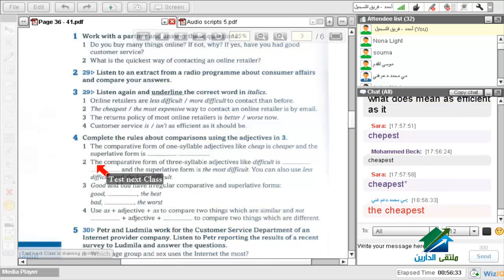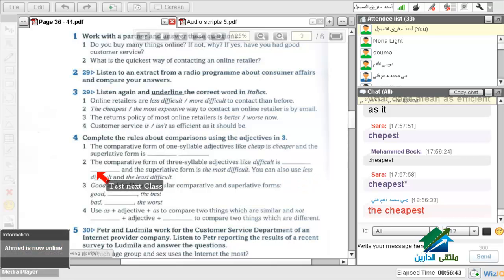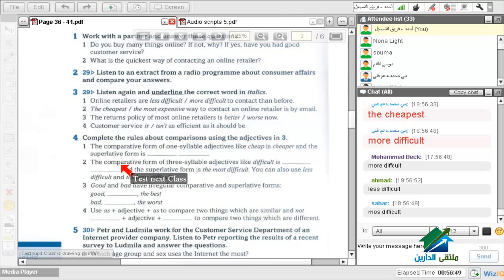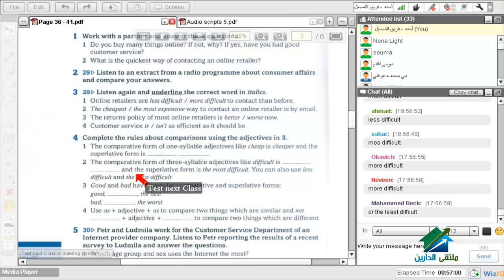Here, number 2. The comparative form of 3-syllable adjectives like difficult is more or less, more difficult.